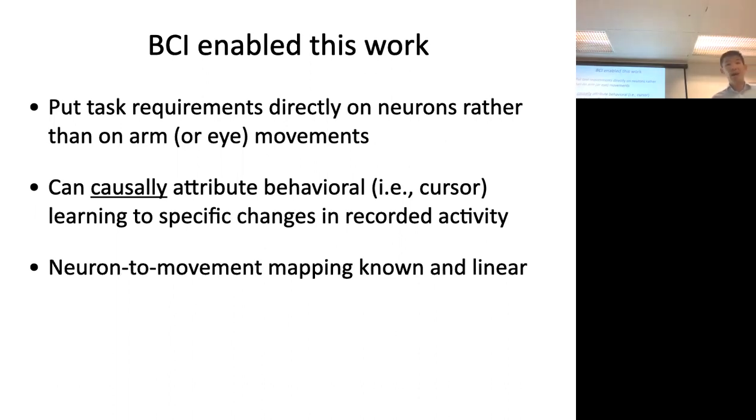It was enabled by the fact that we defined this mapping between neural activity and movements to be linear. Of course, we could have defined a nonlinear mapping, but that would have made these hypotheses more difficult to test or adjudicate between.